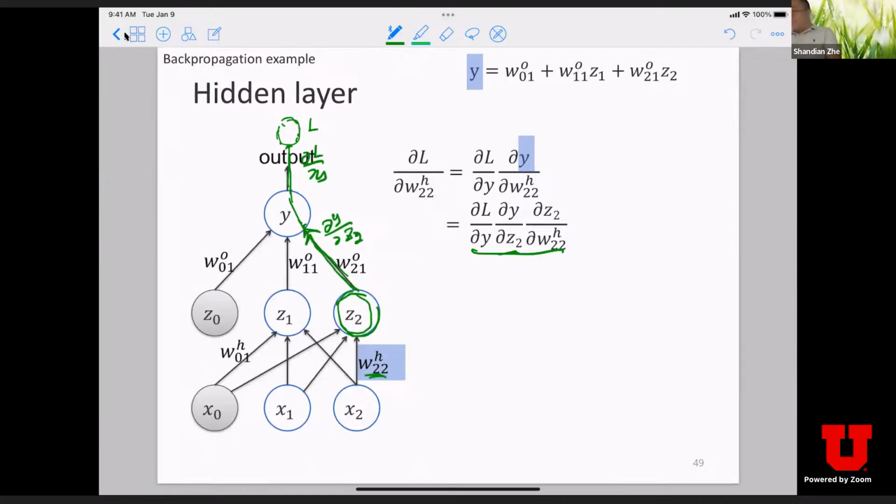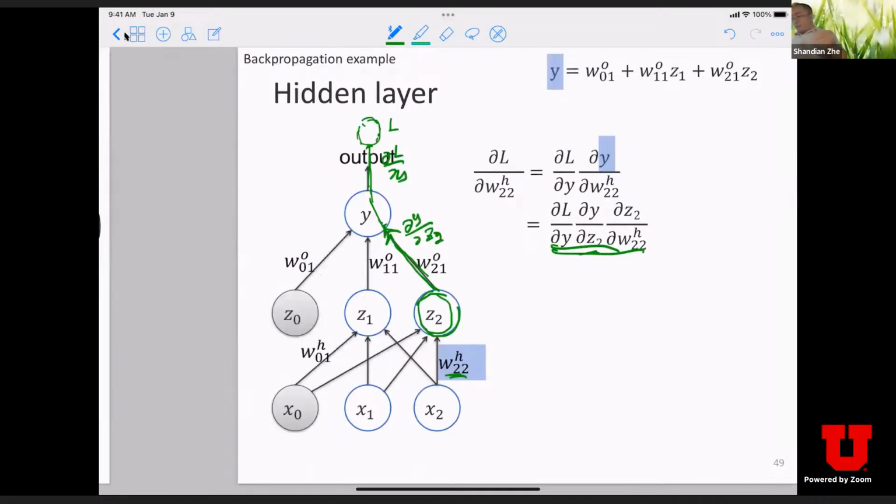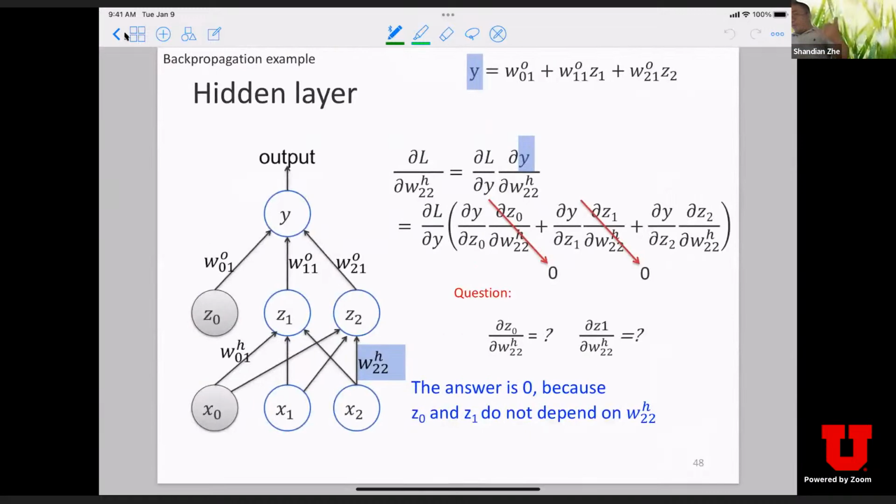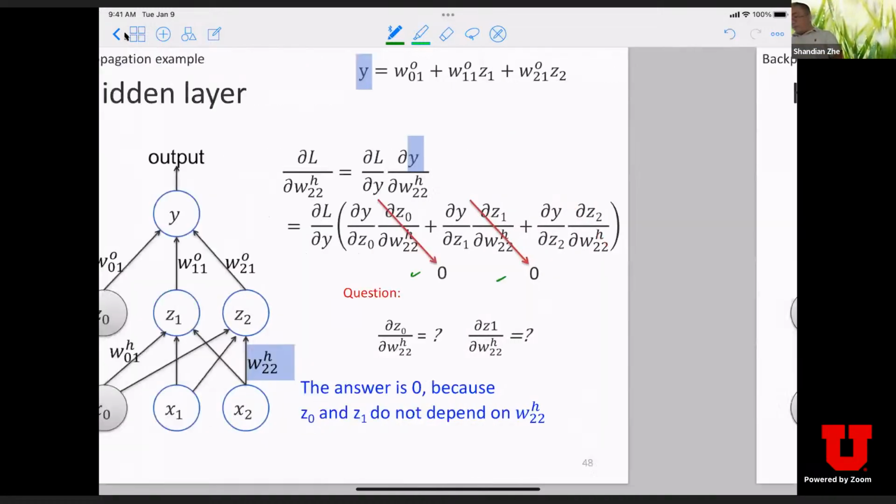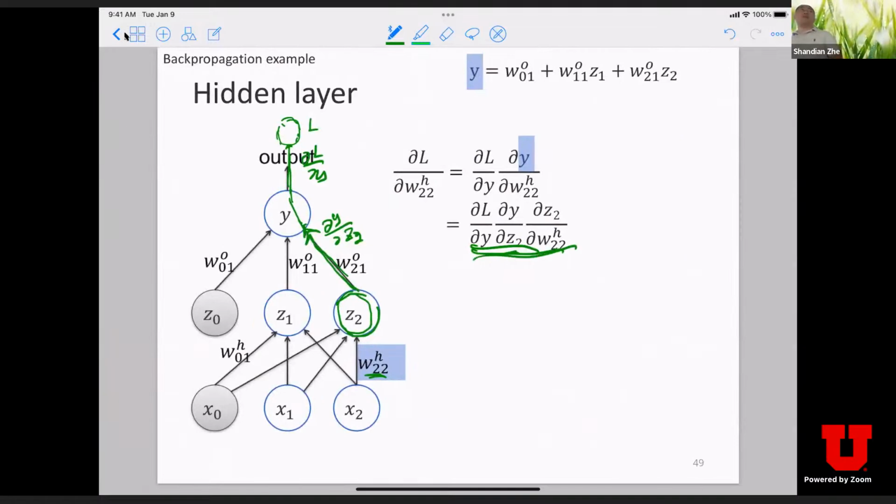You just multiply them together and you get the result. Does it make sense? If you apply the chain rule algebraically and do the full expansion, you find out that this term is simply 0, and you end up with this expression.